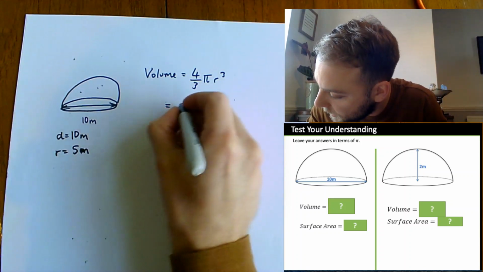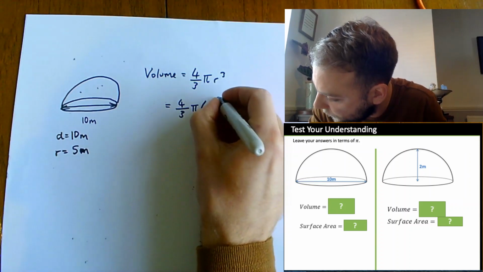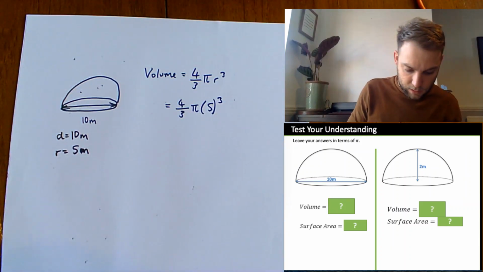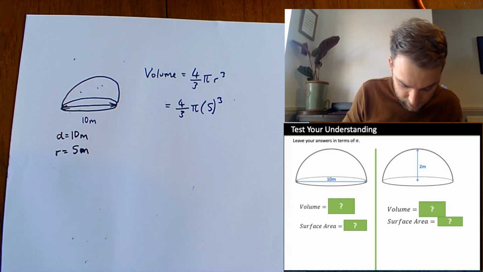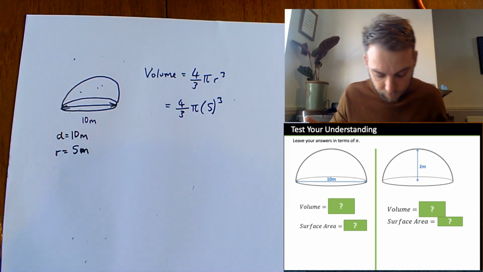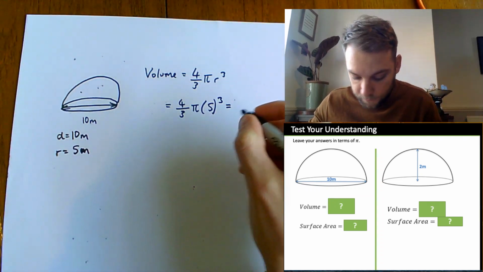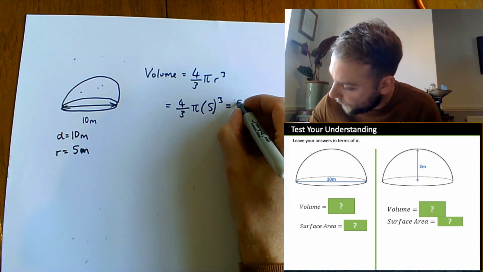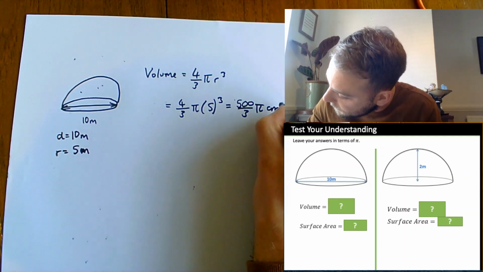So the volume is equal to 4/3 pi times 5 cubed, which is equal to 500/3 pi centimetres cubed.